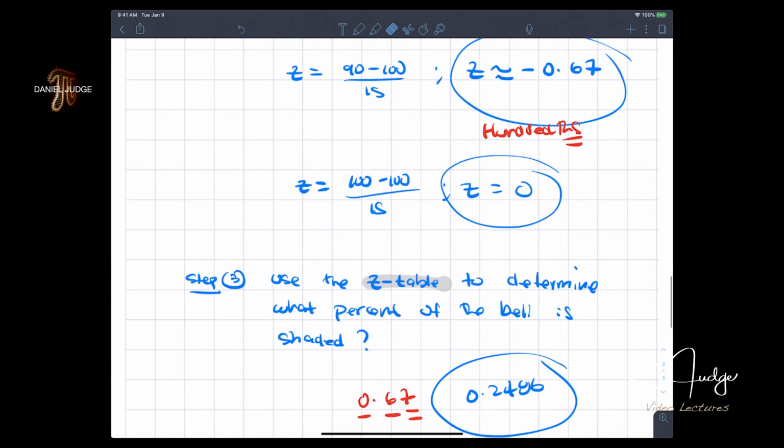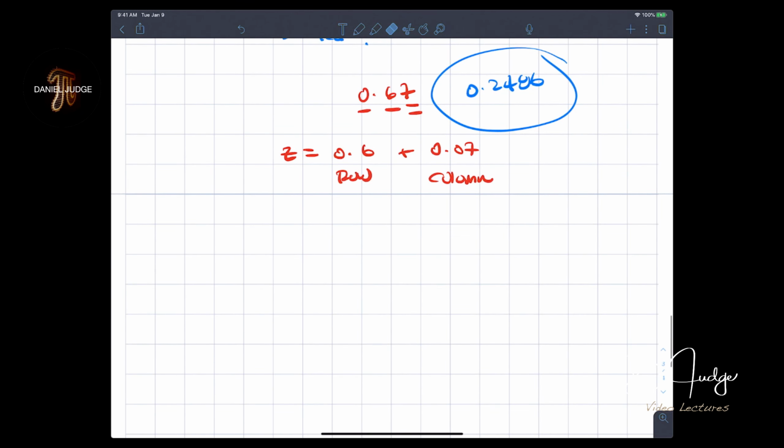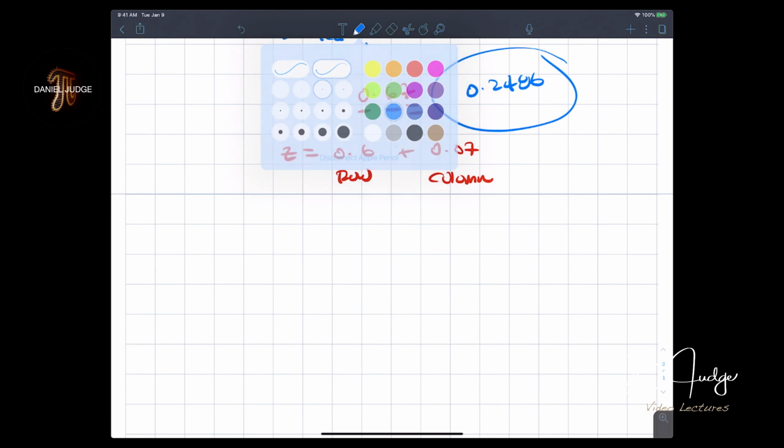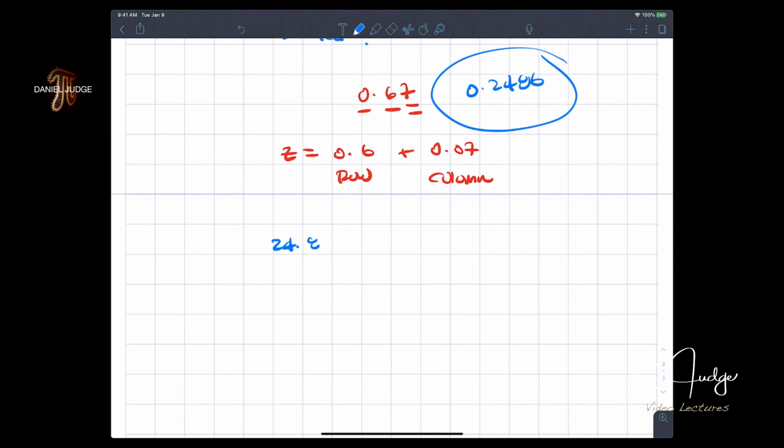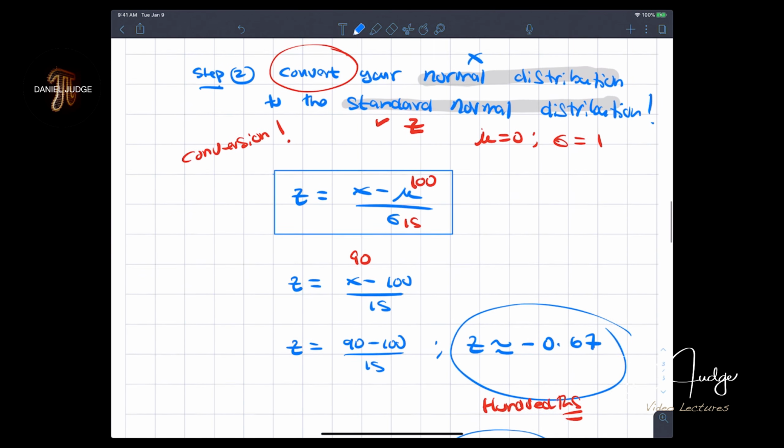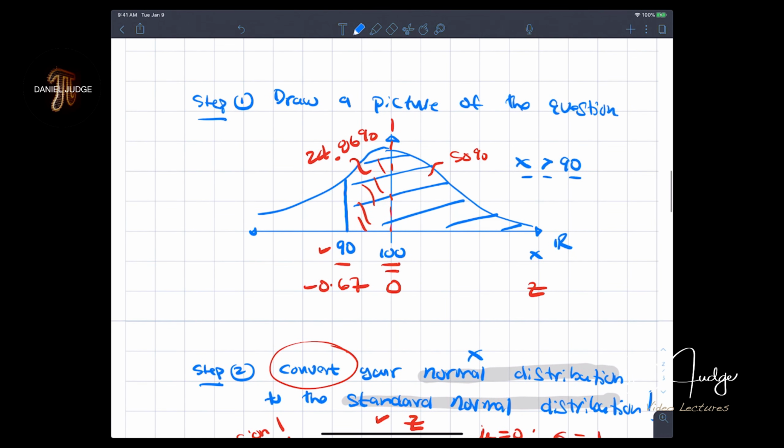So take the 24.86 plus 50, which is 74.86%. That's what percent of the ballot is shaded. That is what percent of the population has an IQ score of 74.86%. That's more than 90.